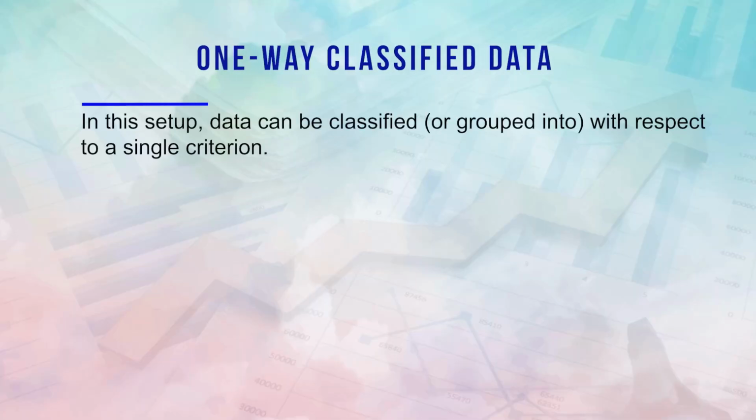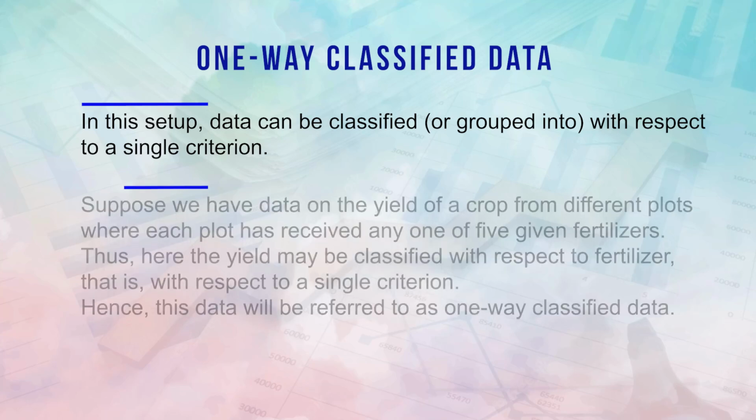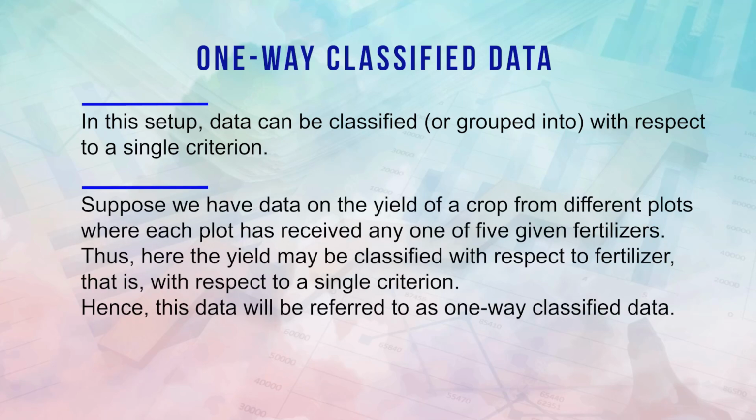In the setup of one-way classified data, we classify the given data with respect to a single criterion. For example, if we take the yield of paddy in different plots, then we will assume that the plots are classified according to one criterion. Suppose that criterion is fertilizer.